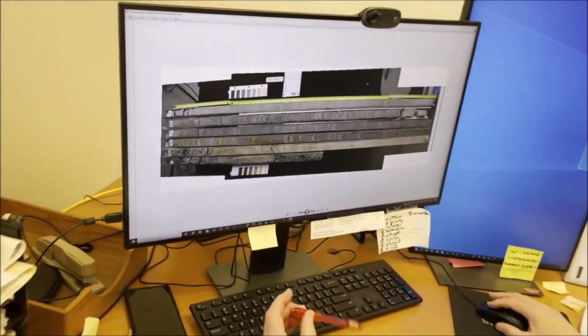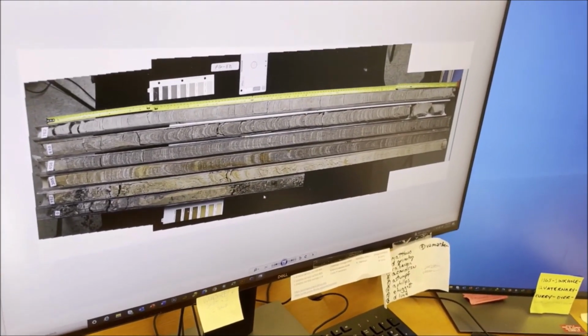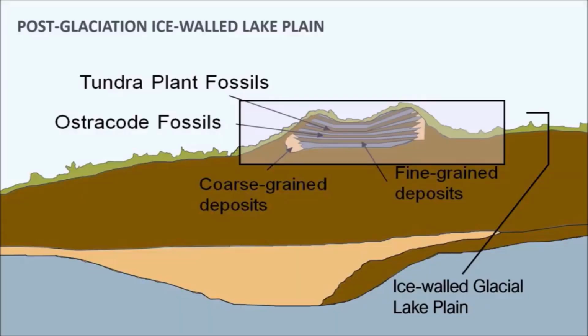So, when you say the fossils come from a certain depth, they come from the bottom of this core, or they come from some place? Throughout.